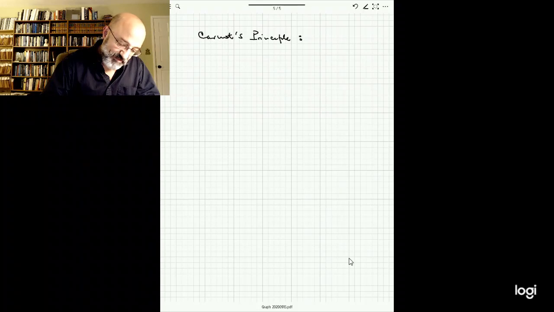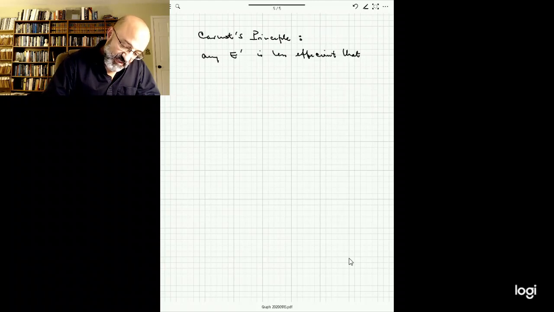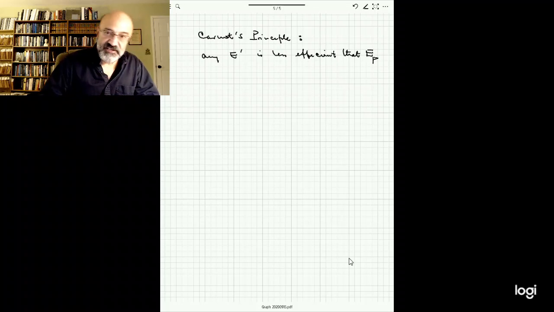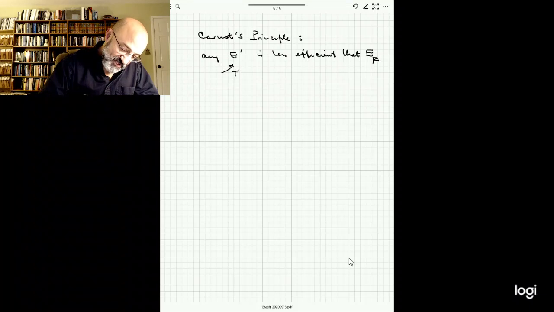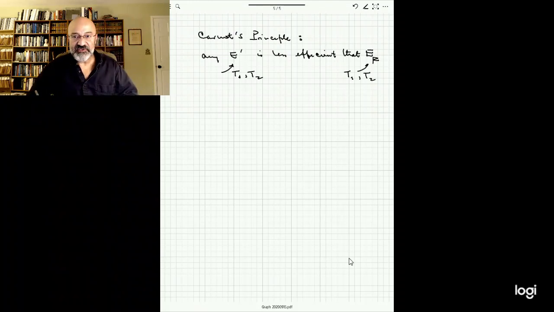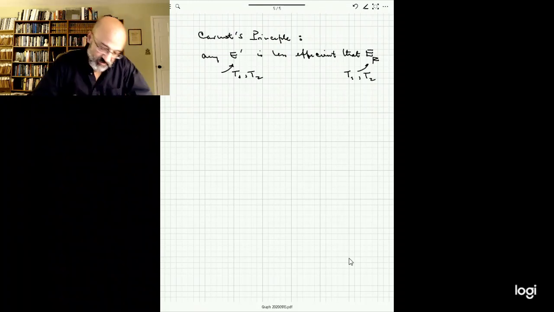What Carnot's principle says is that any engine E prime is less efficient than the reversible engine, and the condition is that this guy operates between two temperatures, and this guy operates between the same two temperatures. How do we write that down? Okay, we write it like this.